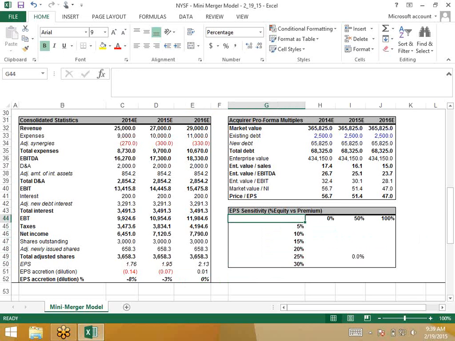The first requirement is in the upper left portion of the table. We need a link in from the model from a cell that we want the table to be populated with. So we want the table to be populated with, let's say, 2016 accretion dilution percent. So let's have G44 be equal to E52 because we want the table to be populated with the 2016 EPS accretion dilution. That's requirement number one for a two-variable data table.